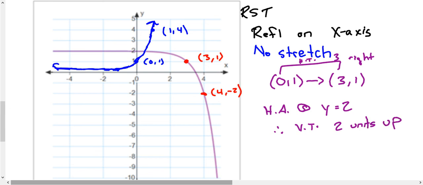So overall, our new equation, our g of x equation, is going to be negative, because we have a reflection, base 4, x minus 3 there, because we're moving it 3 to the right, and we had to move it up 2 to match up to our horizontal asymptote. And there we go, that's our equation here.